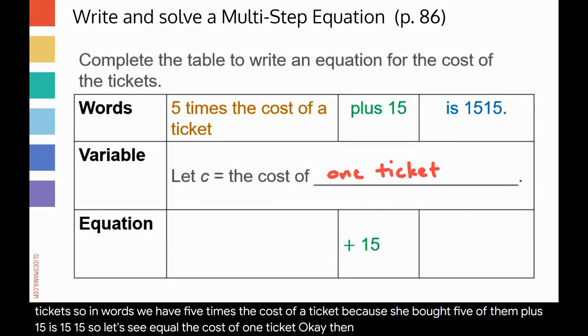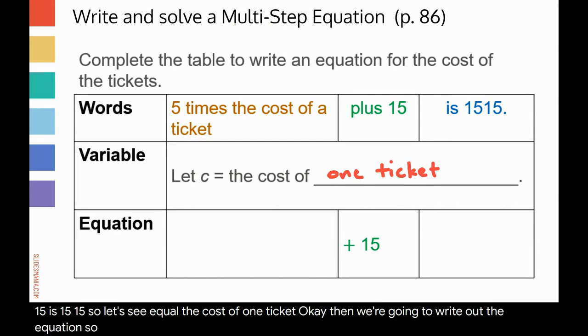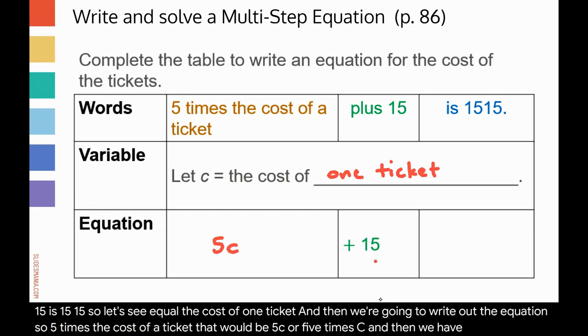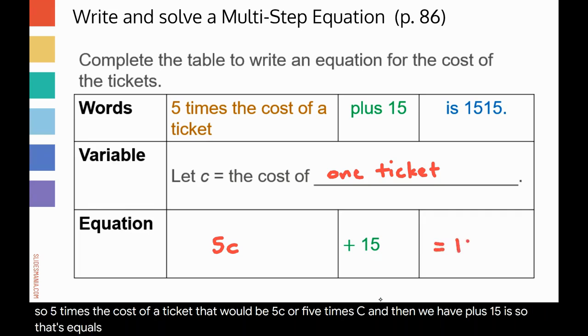Okay, and then we're going to write out the equation. So 5 times the cost of a ticket, that would be 5C, or 5 times C. And then we have plus 15 equals 1,515.